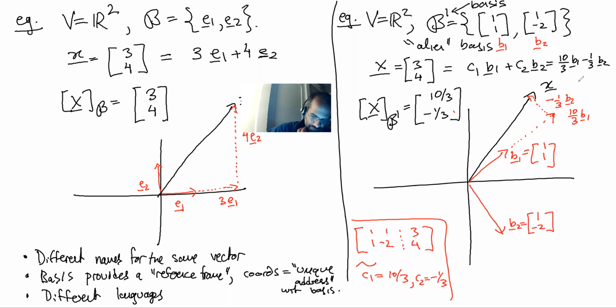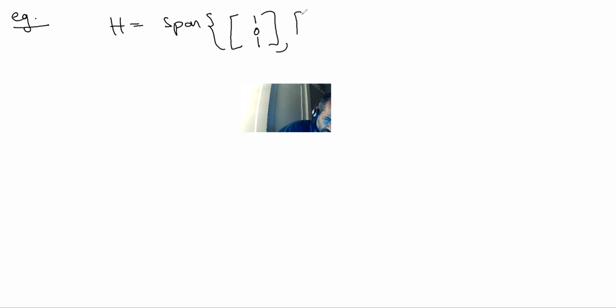Okay. I want to do one more example of a basis. Let's now look at a subspace spanned by two vectors, 1, 0, 1, and minus 2, 1, 0, a subspace of R3.